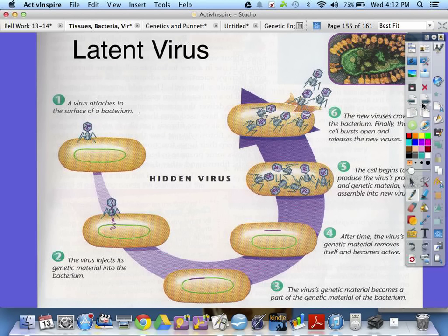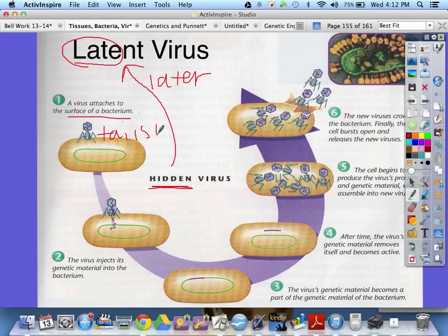Now we also have what we call hidden virus reproduction, which is the same thing as latent virus reproduction. Latent is the same exact process, except it occurs later than immediately. So let's look at the difference. We have a virus attaches to the surface of the bacterium. And now remember, it's using tails and pins to do this.